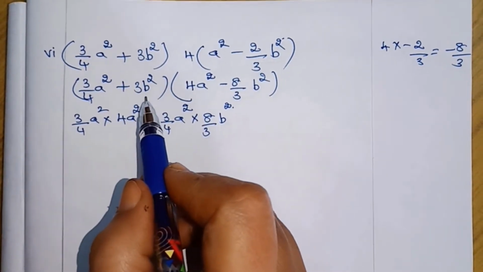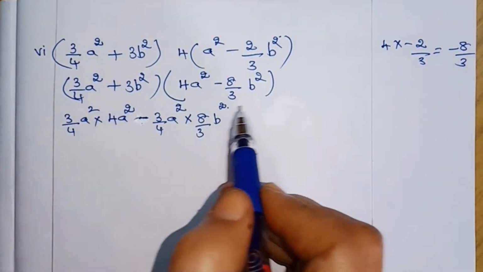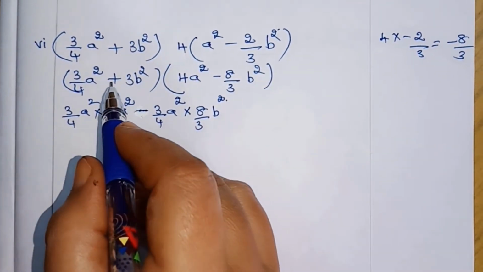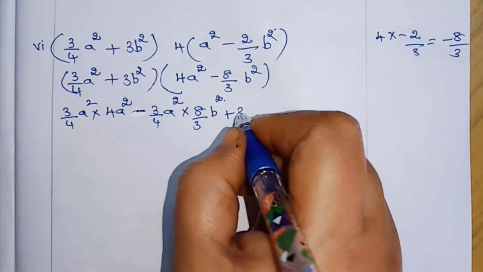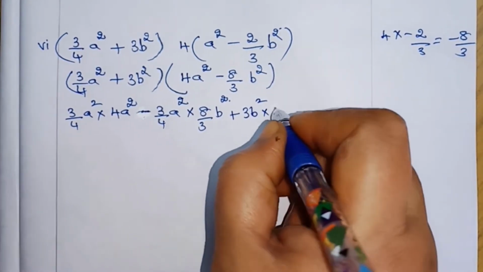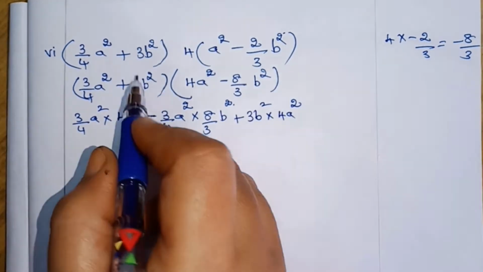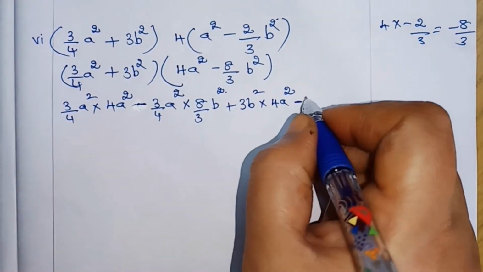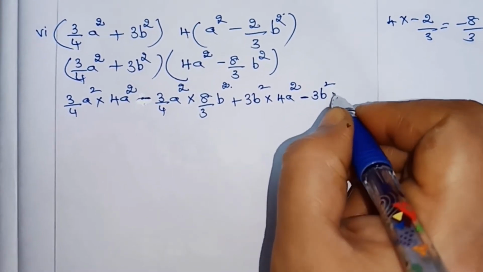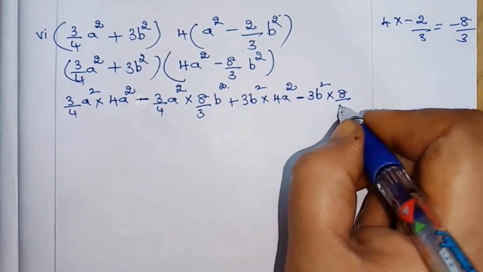Now we take 3b square and multiply this second algebraic expression. So plus into plus is plus, 3b square into 4a square. Plus into minus, minus, so 3b square into 8 by 3b square.